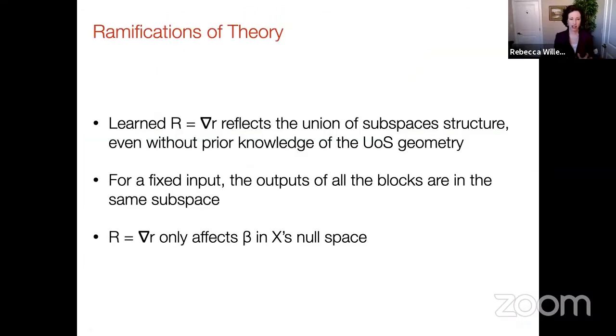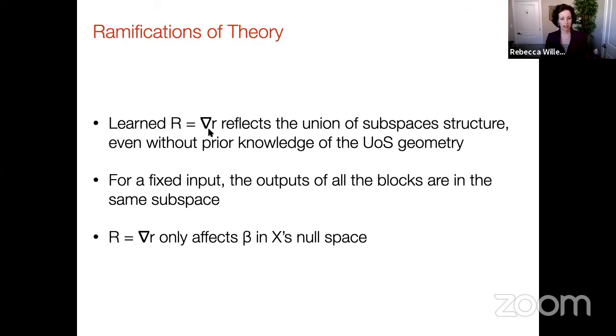Okay, so just to sum up, the key ramifications of the theory are that, first of all, the thing that we learned, the gradient of the regularizer, is going to reflect the union of subspaces structure that underlies our training data, even though we don't use any prior knowledge of the union of subspace geometry when we're constructing the network architecture or when we're doing training.